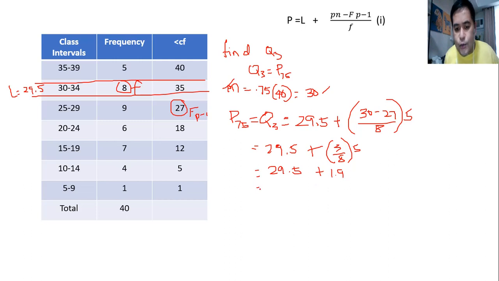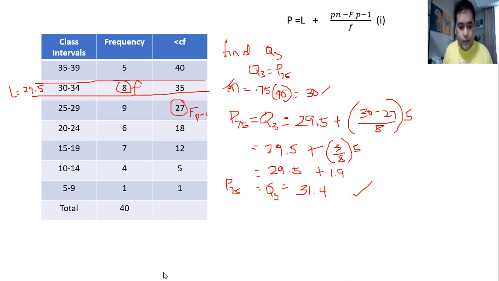So adding these two, P75 or your Q3 is equal to 29.5 plus 1.9 is 31.4. So you are done now with your P75. I hope this is clear.